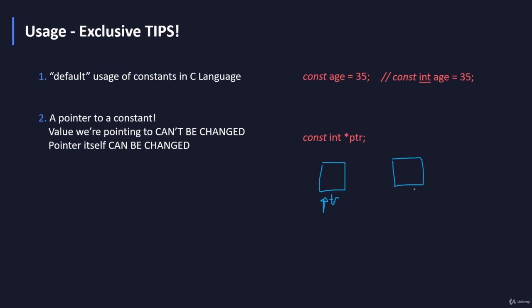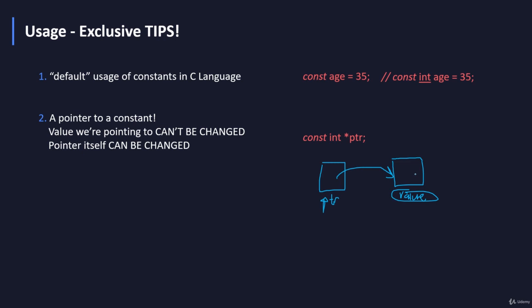And the value that we point to cannot be changed through this pointer. What do I mean by that? We have a pointer to some constant of an integer type, and any attempt to modify the content of the place we are pointing to will result in a compilation error.